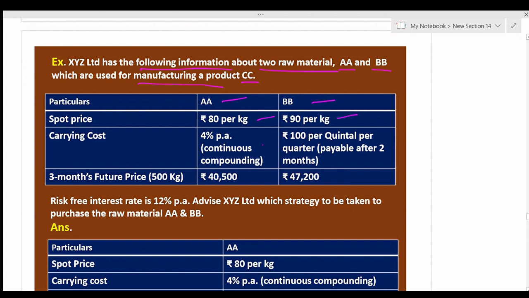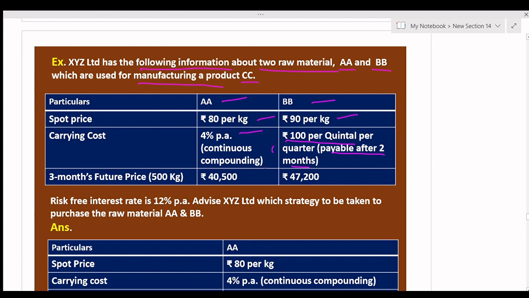Carrying cost is 4% per annum, this is continuous compounding, and rupees 100 per quintal, that is per 100 kg, payable after 2 months.